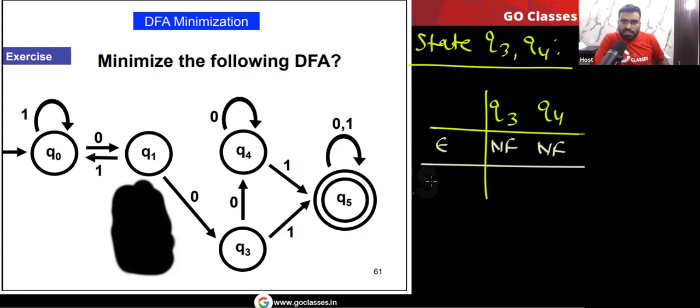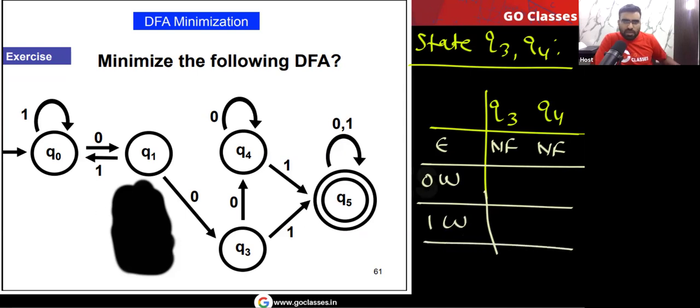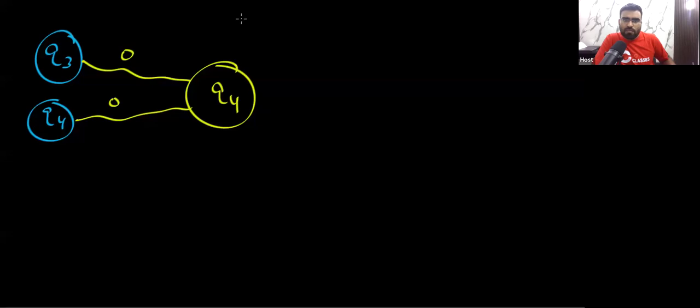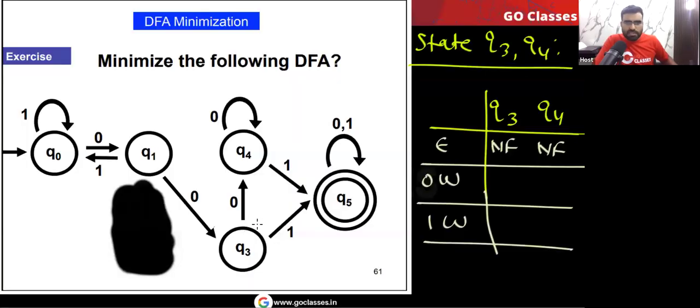If the string is starting with 0, where are they going? And if the string is starting with 1, where are they going? Very simple point. On 0, both Q3 and Q4 are going to the same state, Q4.